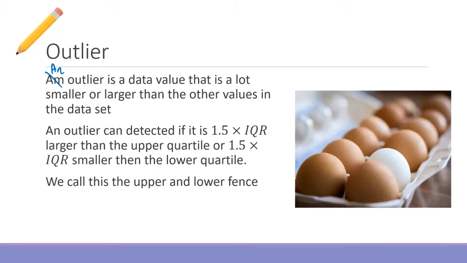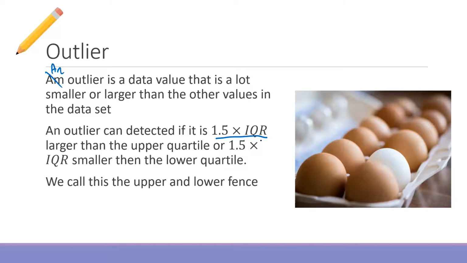But we need a way to justify what an outlier is. What we do to justify an outlier is we say, if it is 1.5 times the interquartile range bigger than the upper quartile, then that's way too large. That's our measuring stick.